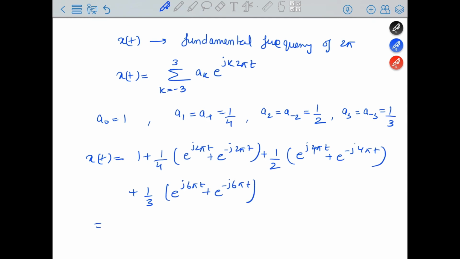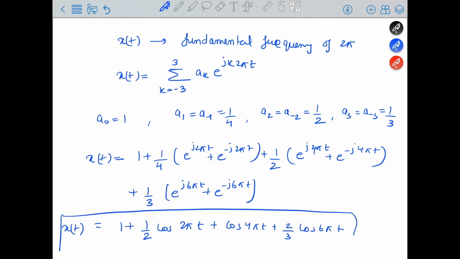From Euler's formula we can write it as 1 plus 1 by 2 cos 2 pi t plus cos 4 pi t plus 2 by 3 cos 6 pi t. So this is the signal we get, derived from the complex exponential sum with these coefficient values and the fundamental frequency of 2 pi.